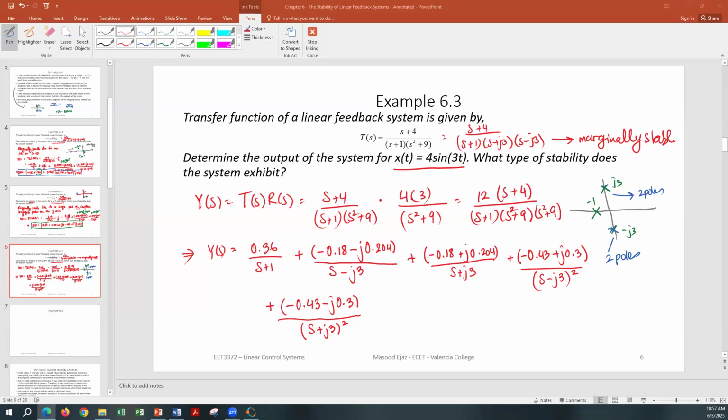Okay. Let me go ahead and do the absolute value of r and the angle of r times 180 over pi.